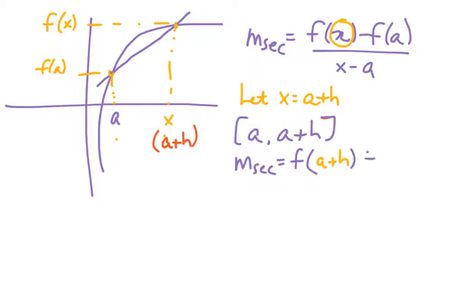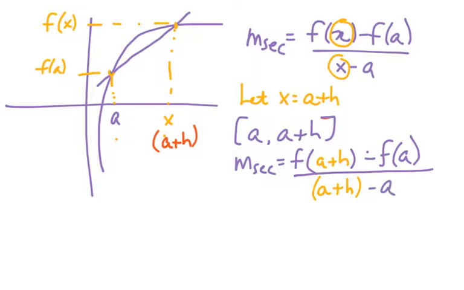And, of course, f of a stays the same. Divide that by, in place of x, a plus h minus a. So all I did was substitute x equals a plus h into this first definition of average velocity. And I'm going to call this definition 2.